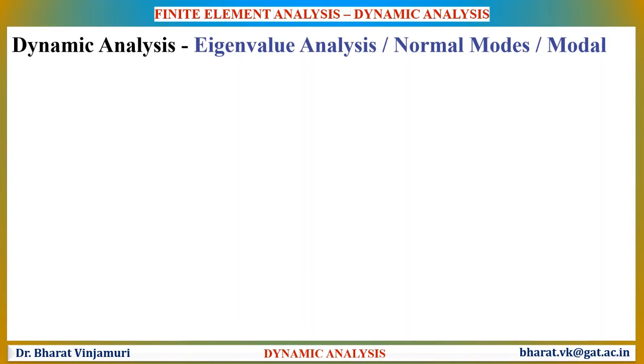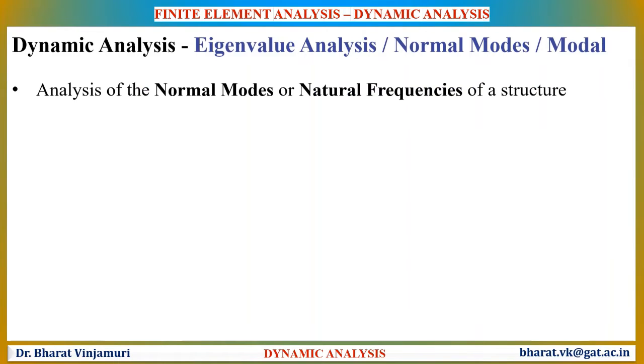Let us now understand the different types of dynamic analysis. The first type of dynamic analysis is eigenvalue analysis, or simply it is also called modal analysis. In this, the normal modes or natural frequencies of a structure are determined. It is a method of finding resonant frequencies.